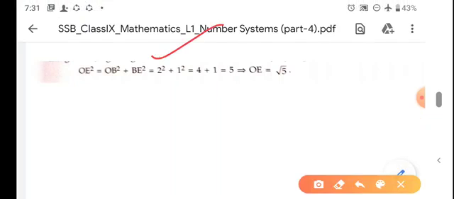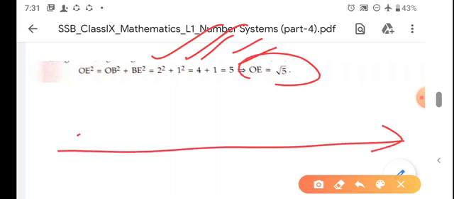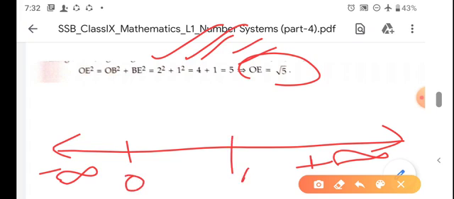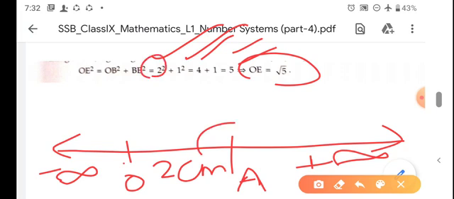Now if you want to prepare root 5, it is easy, because 5 can be presented as 2 square plus 1 square. When you draw the hypotenuse, you will get root 5 very easily. Again take a number line, positive, negative, here 0, and this is 2 centimeter. So the base is 2 centimeter.